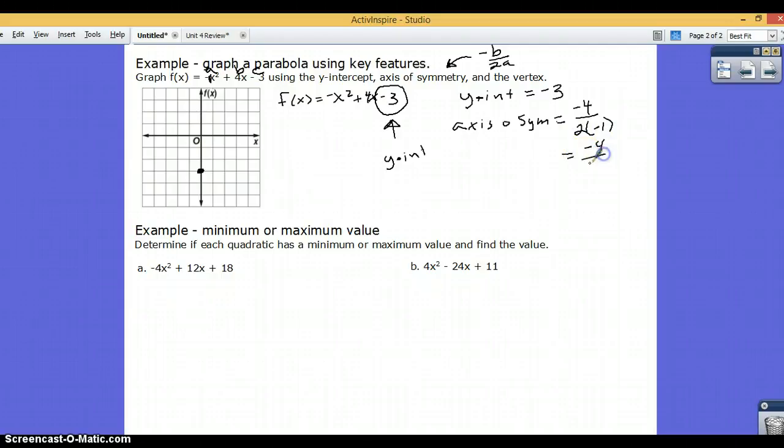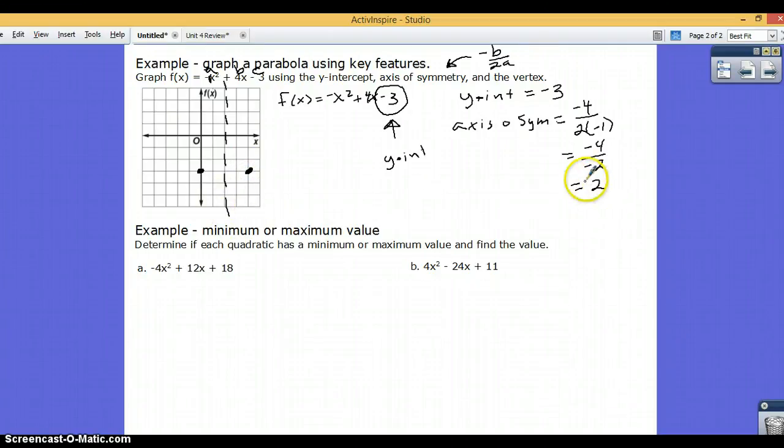So that's negative 4 over negative 2, or 2. So my axis of symmetry is at 2. I have a vertical line at 2 that goes down right here. Like we said, it's symmetric, so this point is 1, 2 from this, so I should be able to go 1, 2 and get another point.